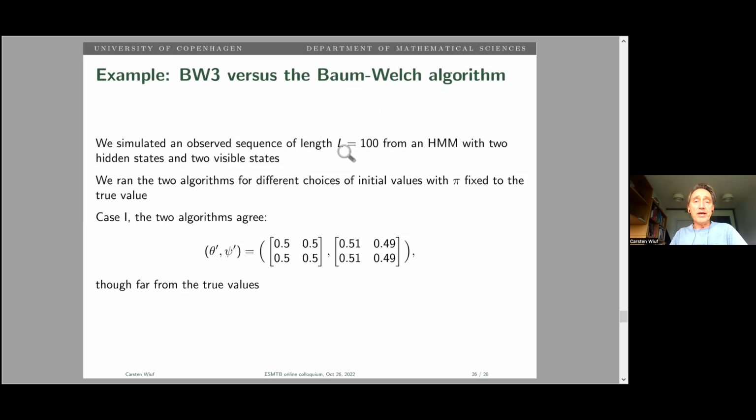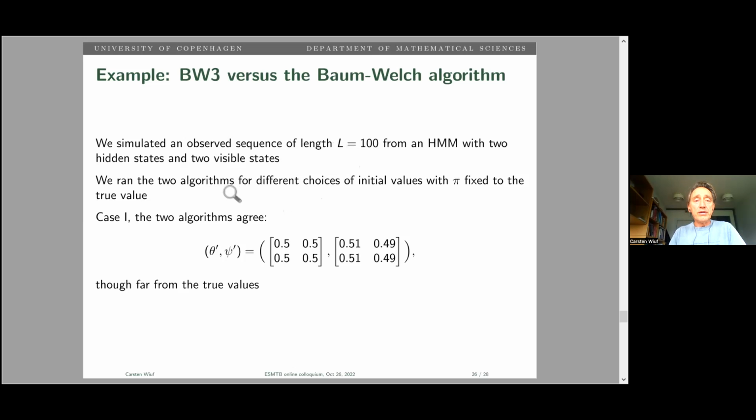So we simulated a sequence of length 100, and you might think 100 is very little, but when you get this into the number of reactions, you get many reactions, something to the hundreds of reactions, because the number of reactions scales in the length L. So we generated a sequence of length 100 with 2 hidden states and 2 visible states.